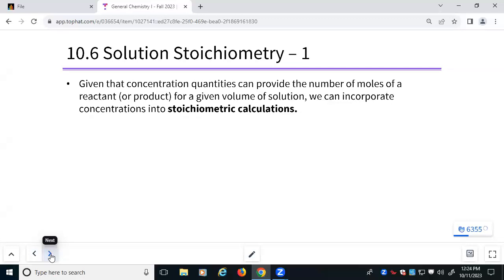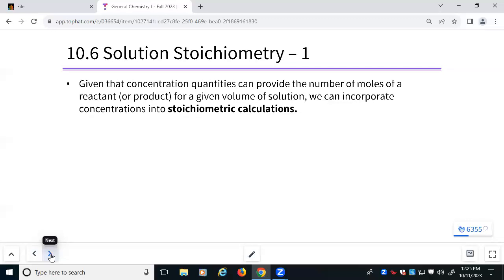Like trying to figure out how much product I'm going to get from this given solution. Or working backwards, if I use this much of a solution, how much of a particular metal was in a given starting material. Those are kinds of things that we can do inside of the framework of stoichiometry.